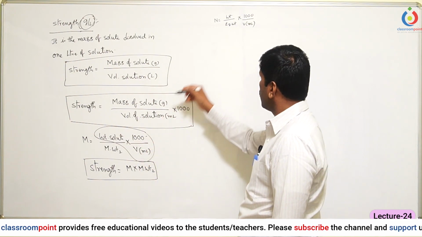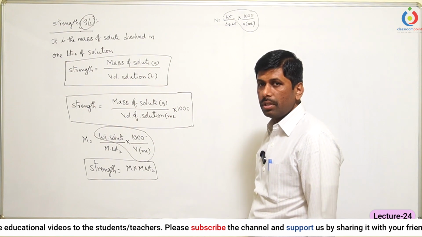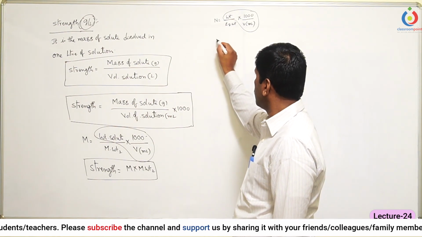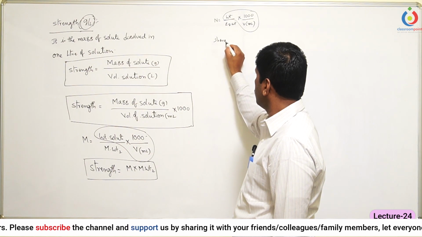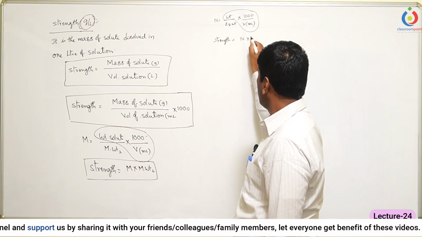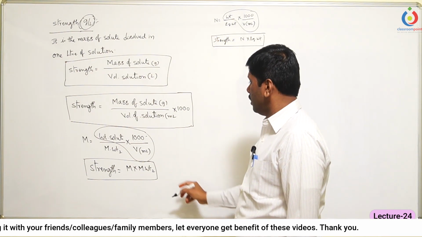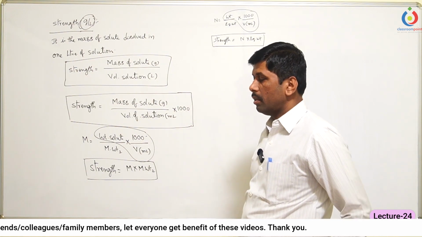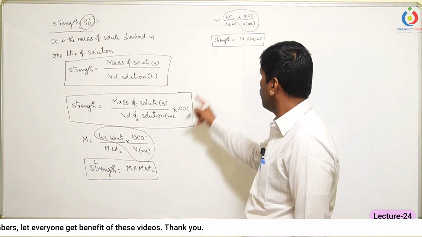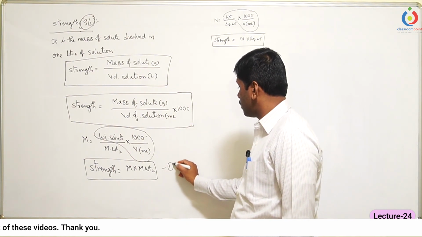Again, as in the case of molarity, weight into 1000 by volume of the solution can be replaced by the strength, and sending the equivalent mass to that side, we get the strength of the solution is equal to normality into equivalent weight. So from these two relations, strength equals molarity into molecular weight of the solute, and strength equals normality into equivalent weight of the solute.